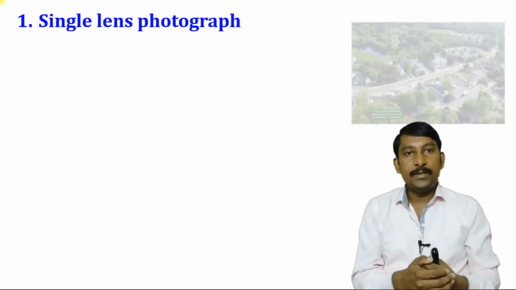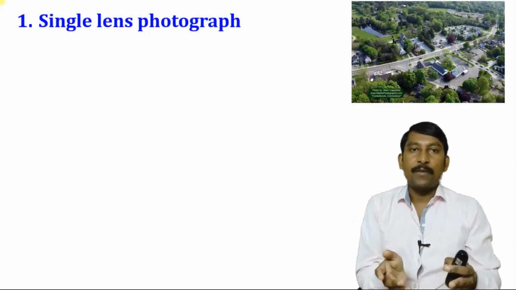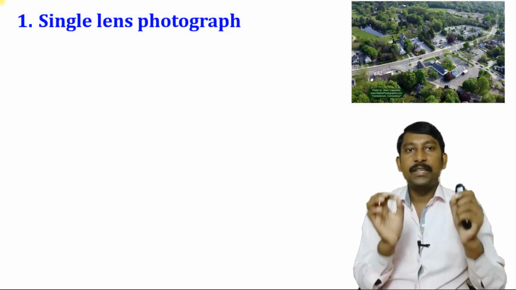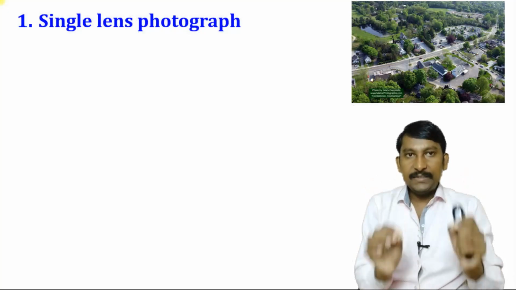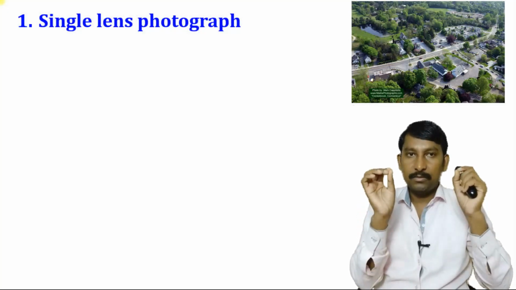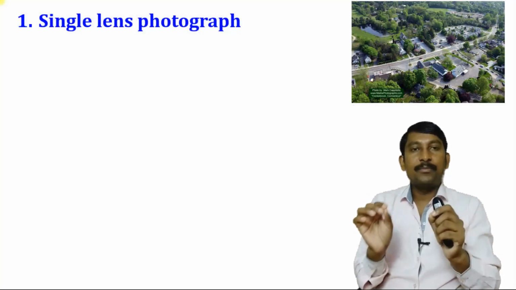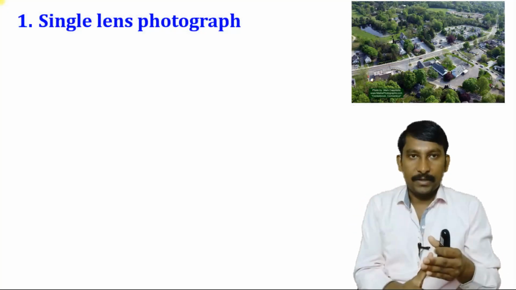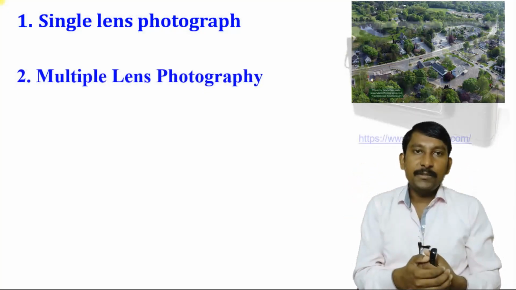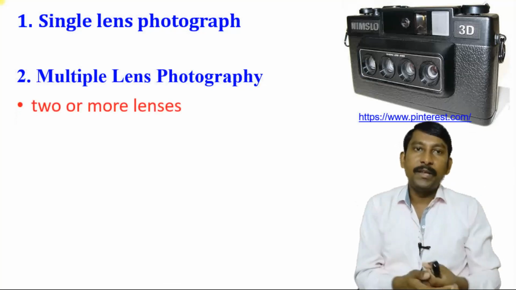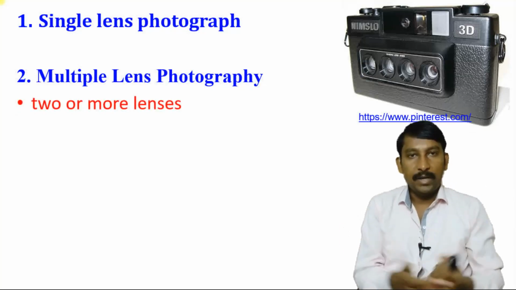First, single lens photographs. In single lens photographs, you use a single lens camera. In this case, the exposure station is single, and such photographs are captured either vertical or oblique. But in multi-lens photographs, you use multiple lenses, two or more, to capture the photographs.